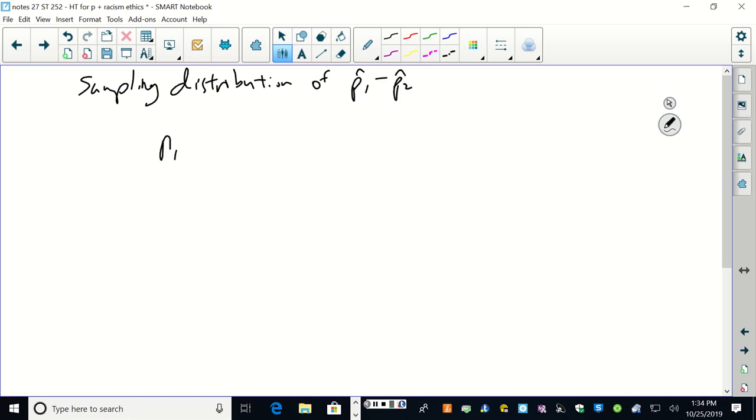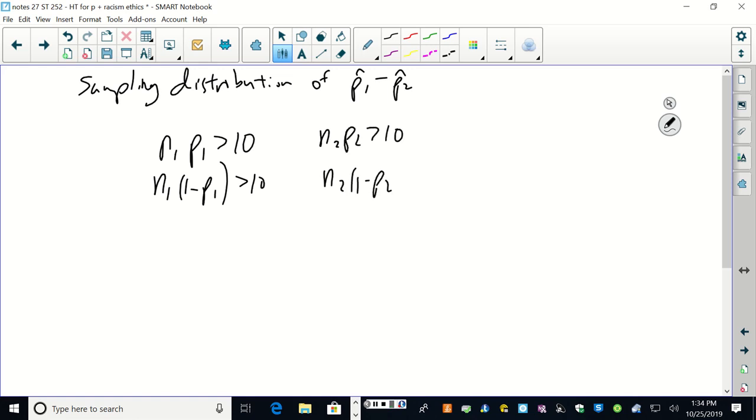If samples are not so small, so that the expected number of successes and the expected number of failures in both groups is not so small, so neither P1 nor P2 is too close to the edge with a small sample size, then the sampling distribution of P1 hat minus P2 hat is approximately normally distributed.